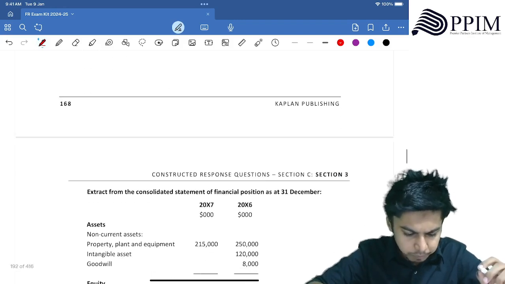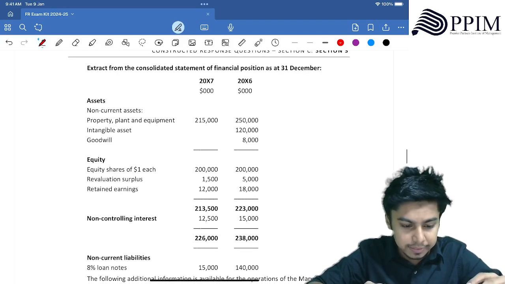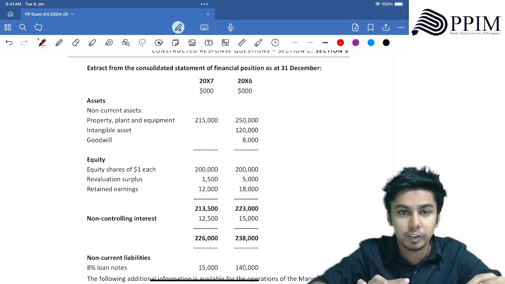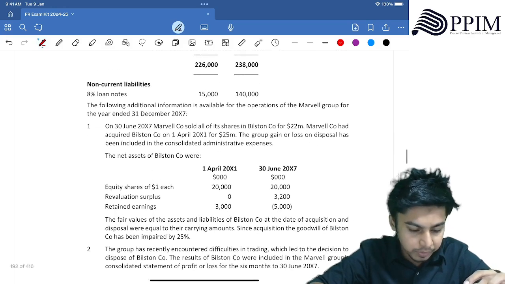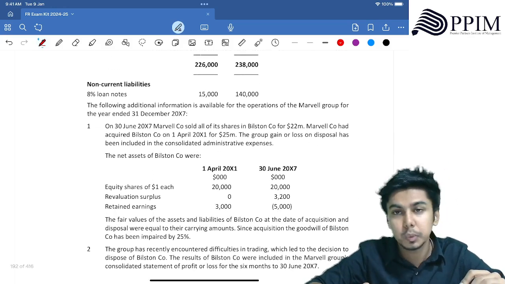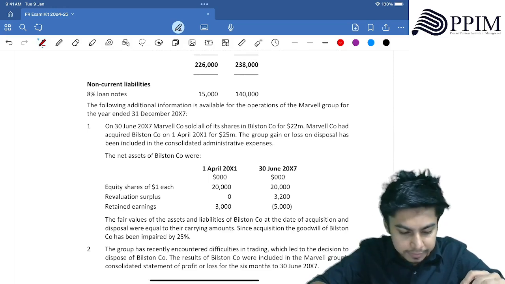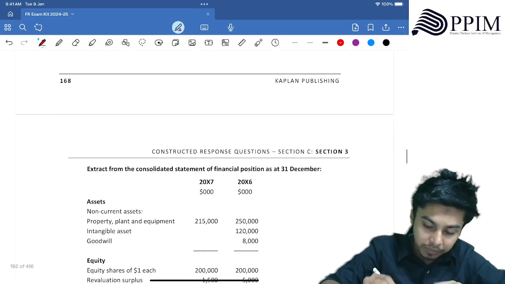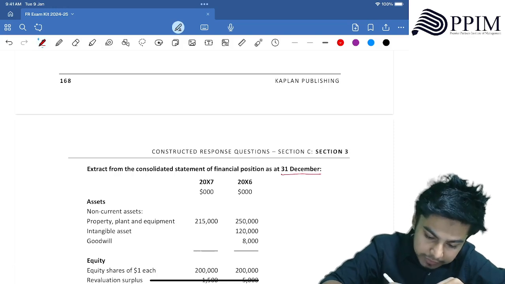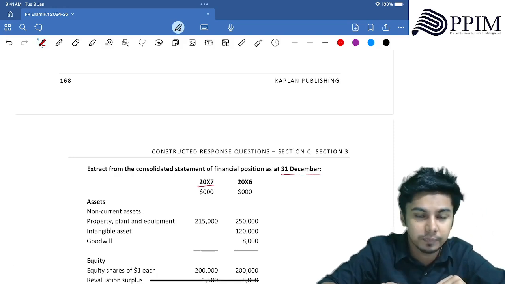Then there is also a consolidated SOFP. Our question is for December 2007 and 2006.